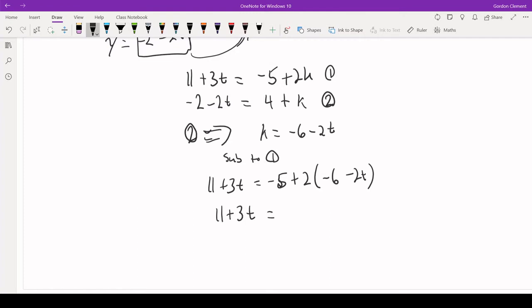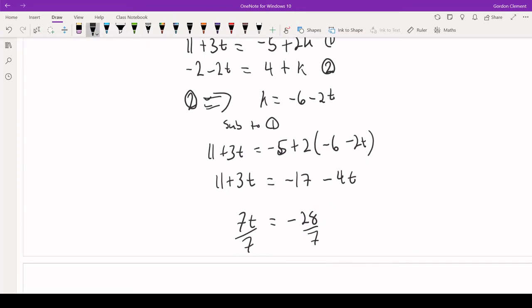Passing that 2 through, I'm going to get -12 with the negative and 5 in front. We get -17 and then -4t. And then I'm going to whoosh the t's to the left side. So it's going to be 7t when I move the -4 over. I'm going to whoosh the other things to the other side, the 11 to the other side, and get -28.